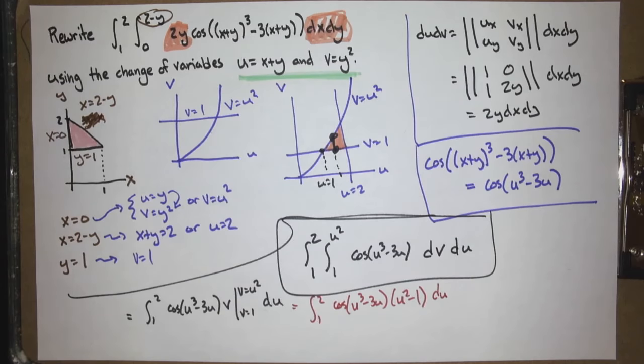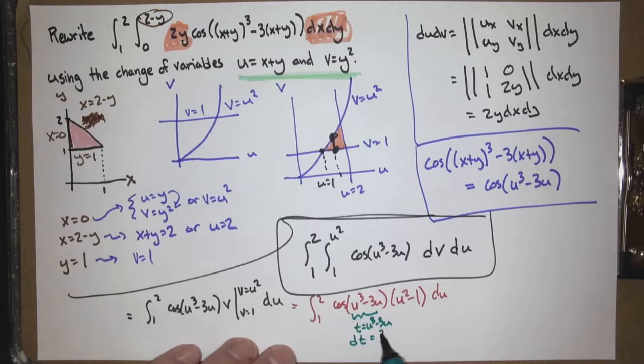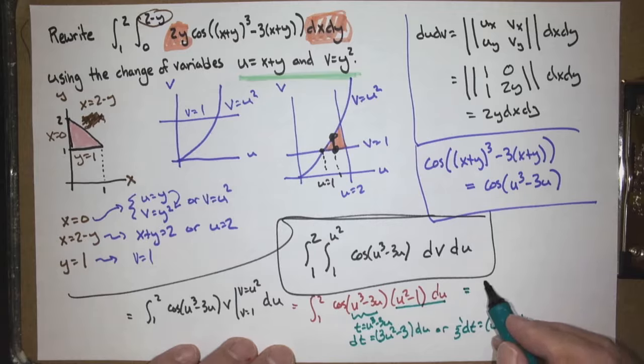If you substitute t equals u cubed minus 3u, what does dt become? 3u squared minus 3. Or 1/3 dt is u squared minus 1 du. So this becomes the integral: you plug in 1, you get 1 minus 3 is negative 2.